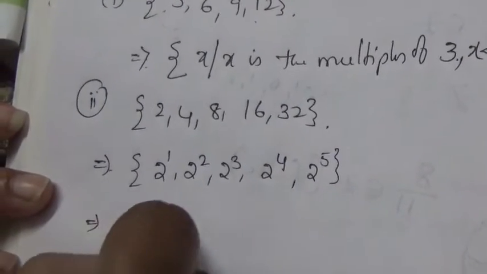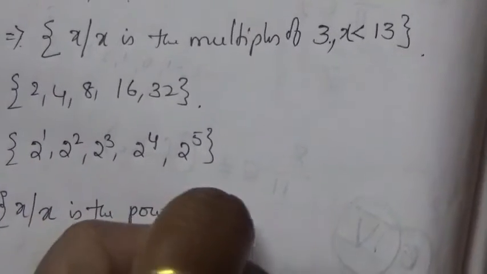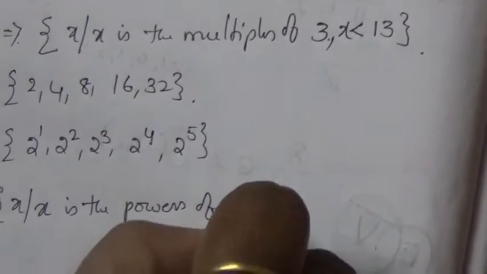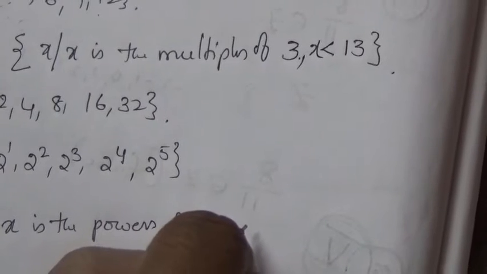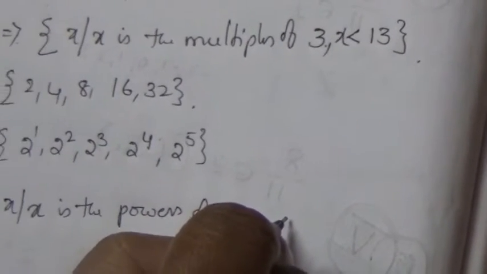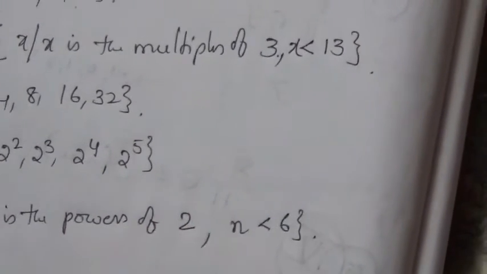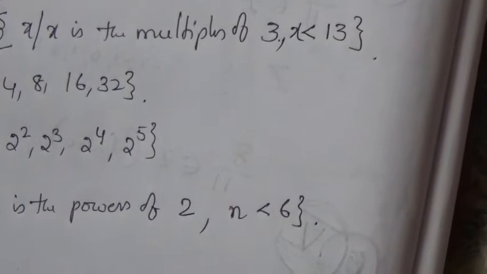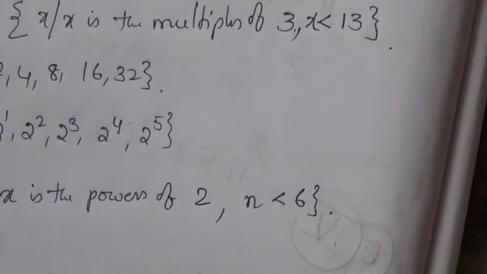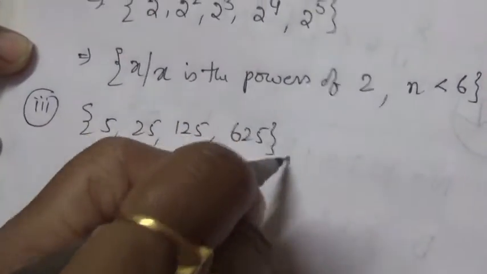X colon x is a power of 2, where the power is a natural number less than 6. Okay, and the third sum, that is 5, 25, 125, 625.